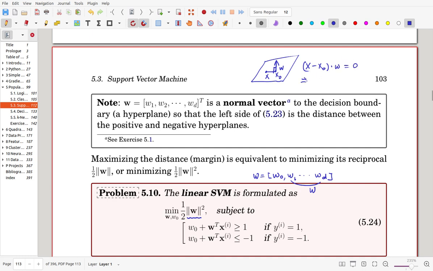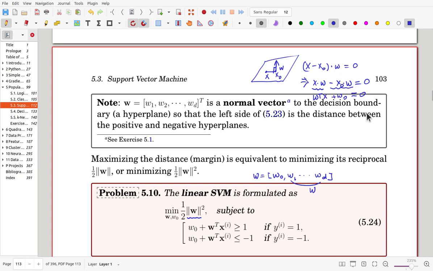That implies x dot W minus x0 dot W equals 0. This portion is the same as W transpose x, and if we define the other portion as W0, then it's 0.